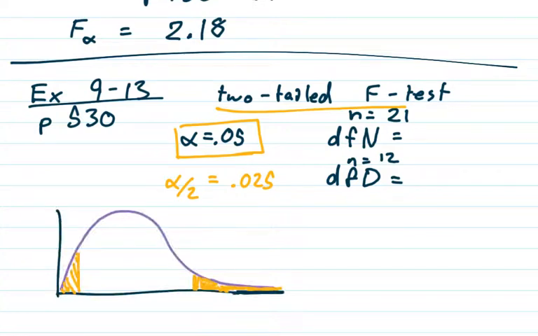For a two-tailed F test, the F distribution curve is sketched in purple. It kind of looks similar to the chi-squared distribution. And I have shaded in the critical region. So here is the right side critical region over here, and here is the left side.